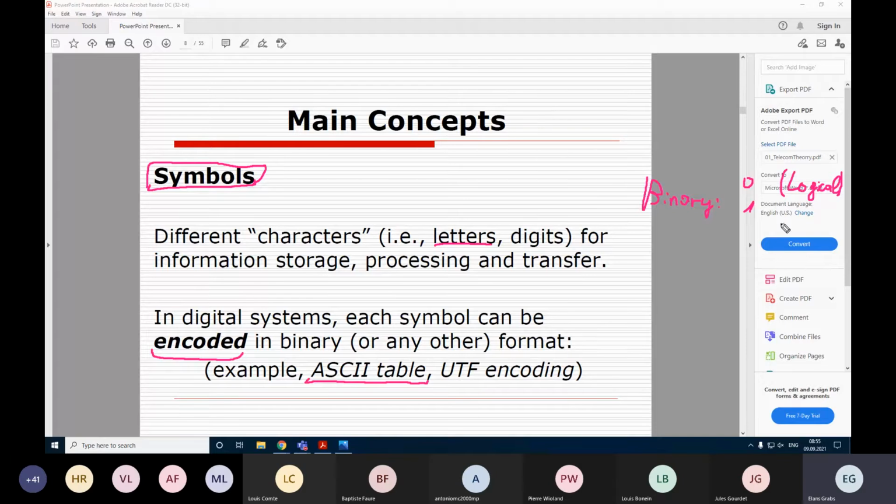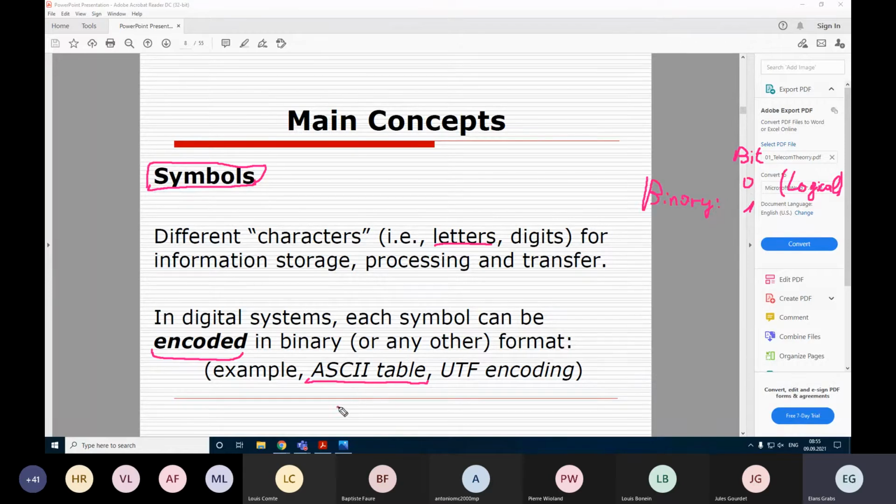For now, we can say that this is equivalent to a bit. Yes, basically, this can be seen as one bit. But further, you will know that one binary symbol is not necessarily the same thing as one bit. For example, one symbol, 0 or 1, can have less than one bit of information. And we'll discuss how it can happen. But for now, we can basically say that it's actually a bit.